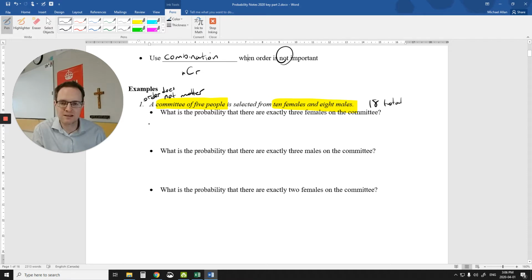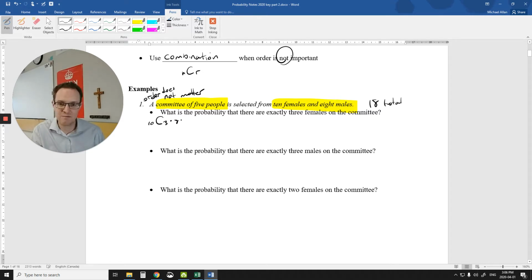Remember last time, a couple of chapters ago, to figure that out, we're going to use our combination. So we're going to write down how many committees we can create using exactly 3 females. We're creating a committee of 5 people. So of the 10 females, I want to choose 3 of them. I don't care about order, so that's why we're using combinations.